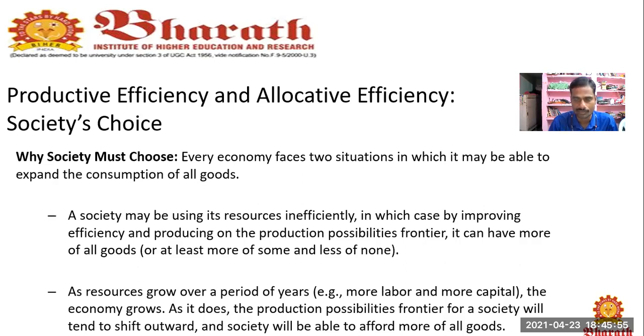As it does, the production possibility frontier for a society will tend to shift outward, and society will be able to afford more of all goods. If we are not able to increase both capital and labor, then the economy will not grow.